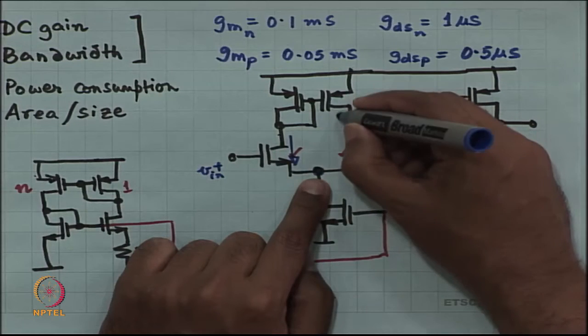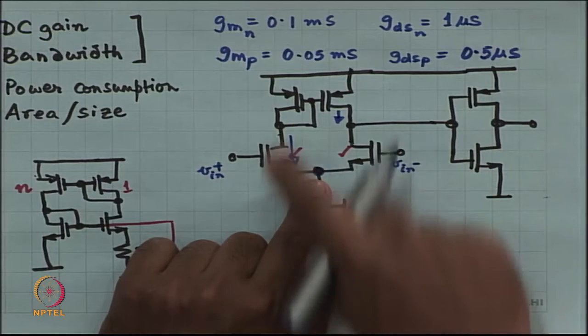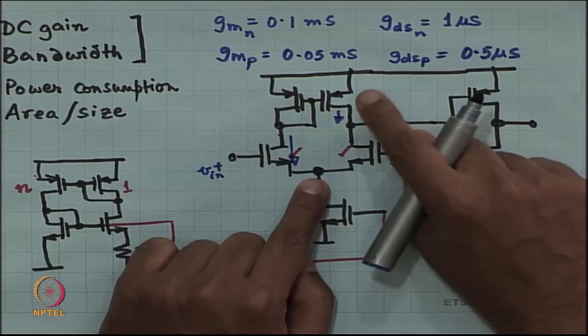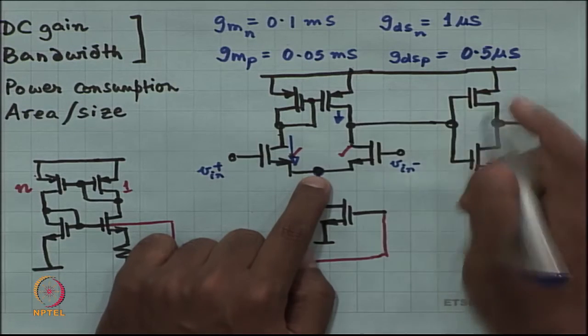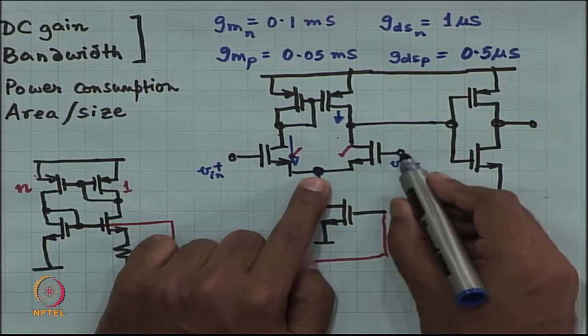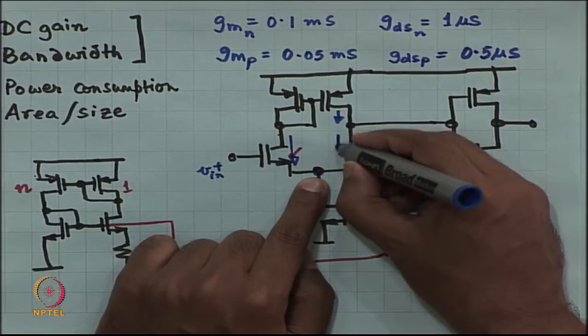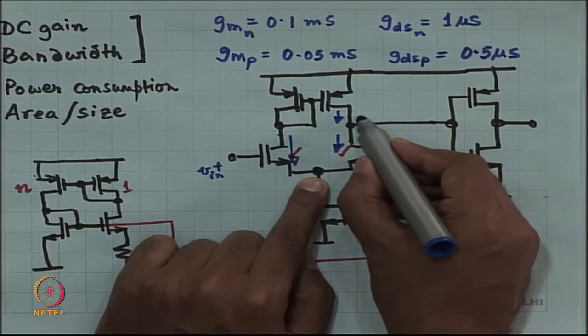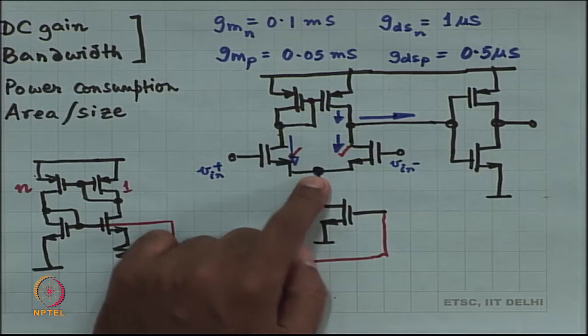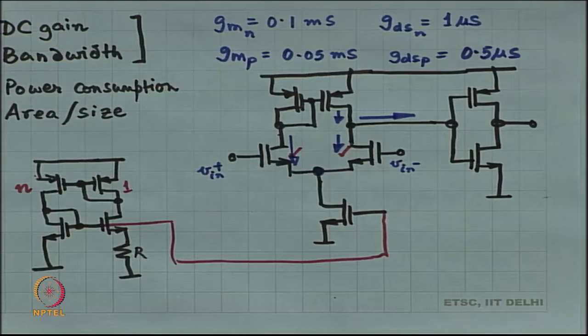all right. This current is reflected over here by the current mirror. So, the top PMOS is actually pushing a current GM times V in plus, fine. On the other hand, this NMOS is pulling a current GM times V in minus, which means that the current that is pushed out is GM times V in plus minus V in minus.